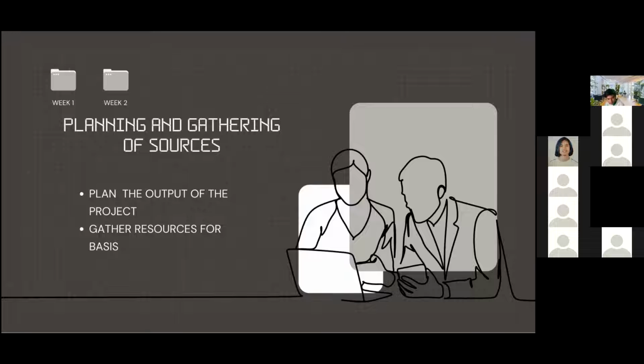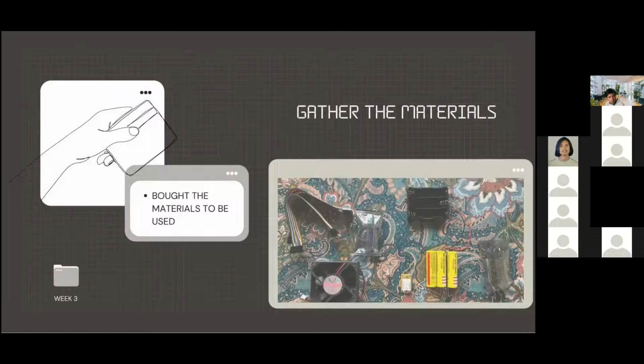And we now move on to week 3. So in week 3, we talked with my group mates, and then we gathered our materials and bought the materials to be used. Here are some of the materials that we're going to use for the project. So far we haven't met yet, but we'll probably meet tomorrow to start our project.